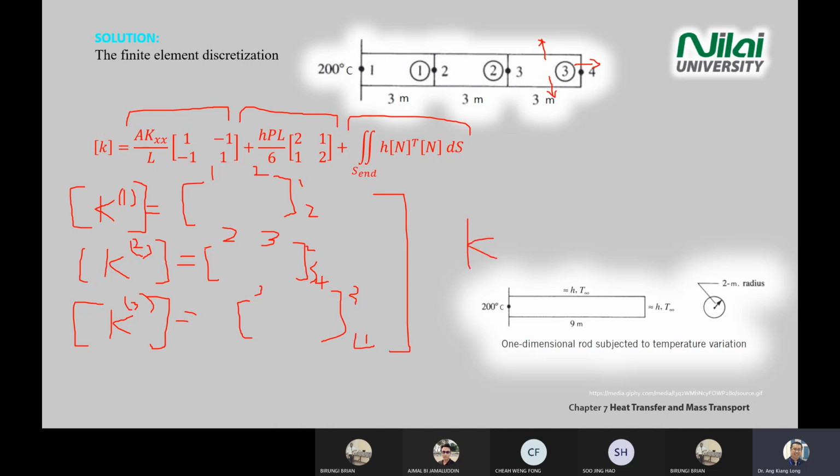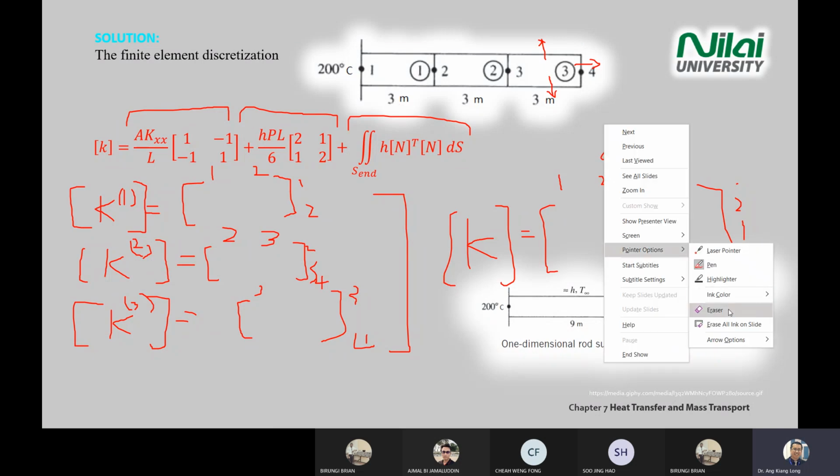Just be careful on the numbering, because once you label wrongly, you are not able to assemble them correctly. So the full K matrix we expect will be a 4 by 4 matrix. It's a very big matrix. Why 4 by 4? Because you have points 1, 2, 3, 4 by 1, 2, 3, 4. So you assemble according to what you see over here.